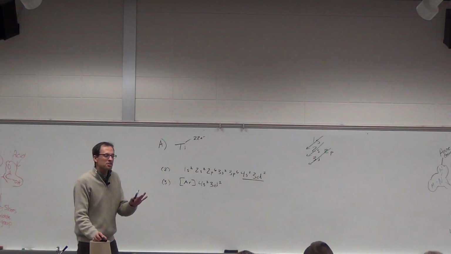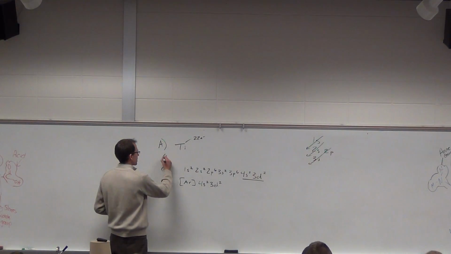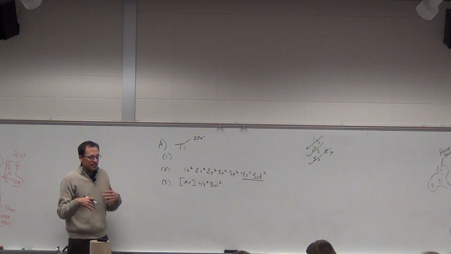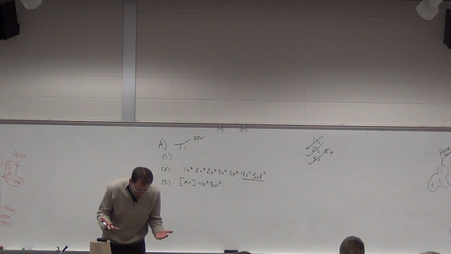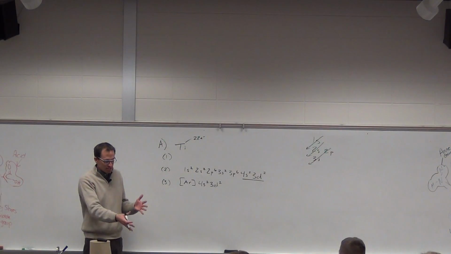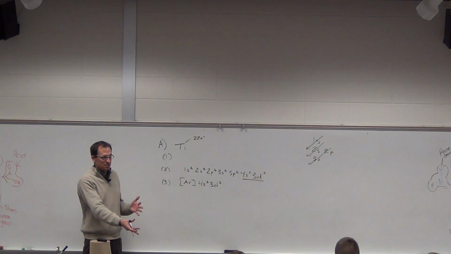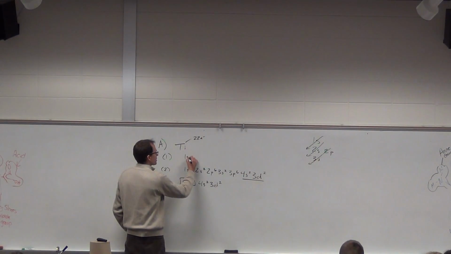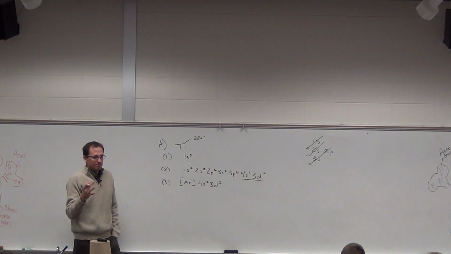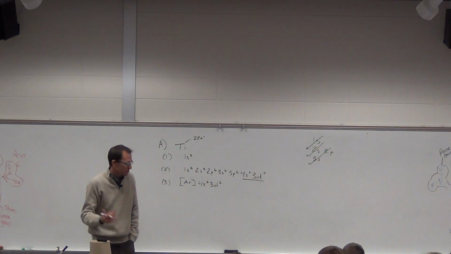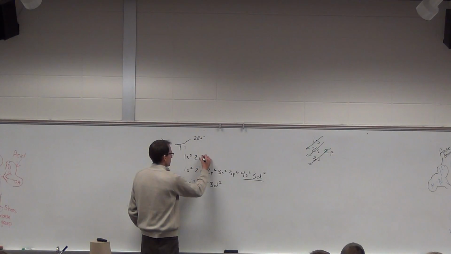All right, so I'm going to get you started on this part. And I'm not going to do all of it. The expanded version is showing, and there's examples, and you can mimic these, okay? There's only one kind of S. So it's just 1s2, 2s2.